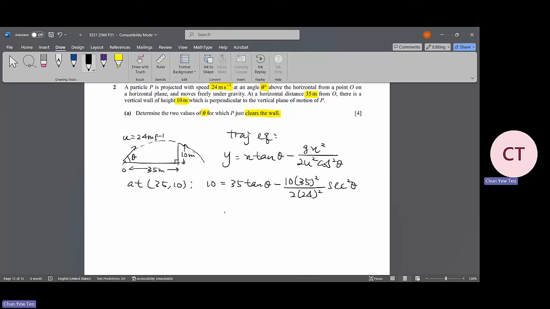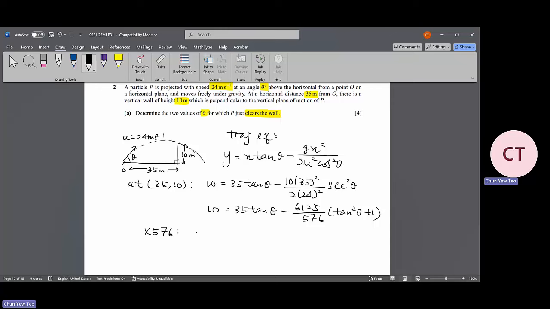Now if you simplify further, you will get 6125 divided by 576, times secant square theta, which I make it become tangent square theta plus 1. I just want to make the denominator go away, so I multiply everything by 576.